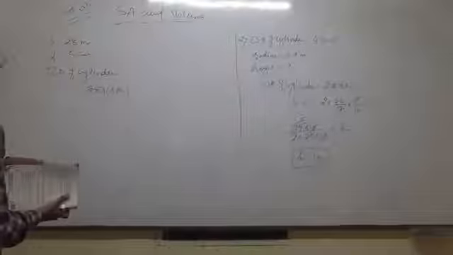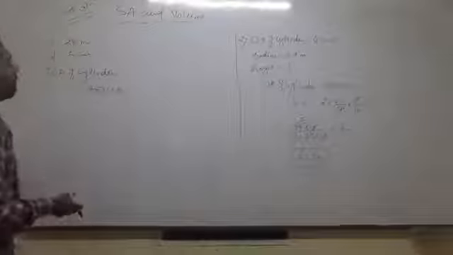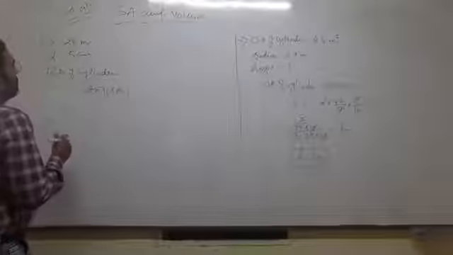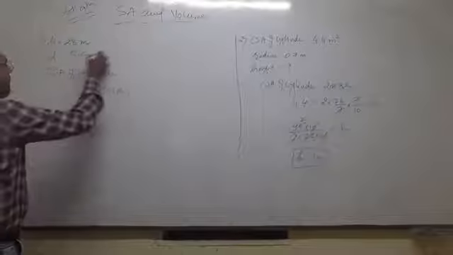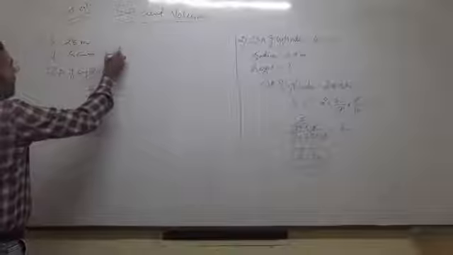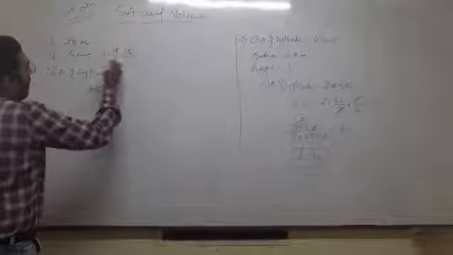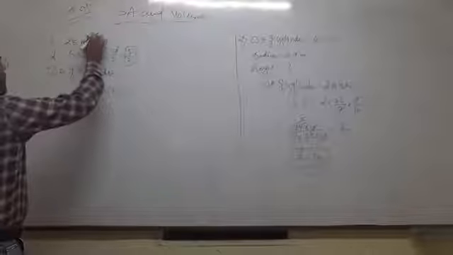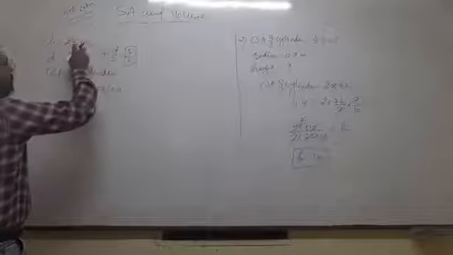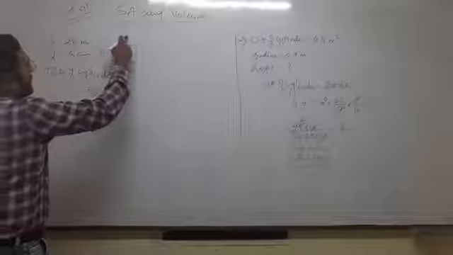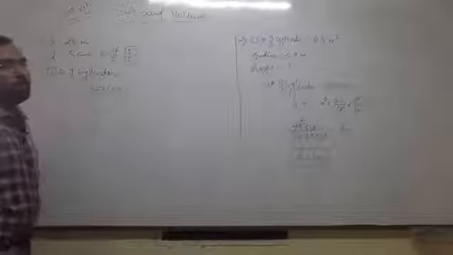Now if diameter is 5 centimeter, I'll take radius equal to diameter divided by 2, that is 5 by 2. And the height 28 meter is easy to convert from meter to centimeter.